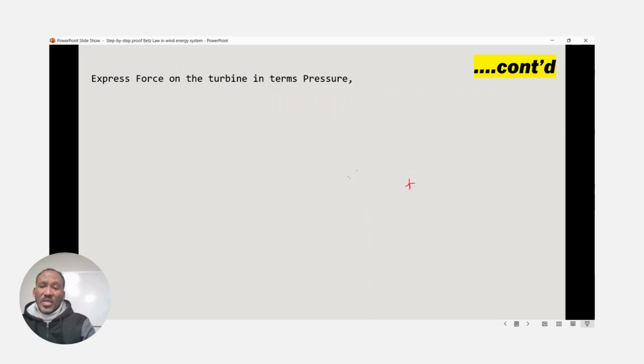Then the next step is to express force on turbine in terms of pressure. As we know, pressure is equal to force over area. So the change in pressure across the turbine, P1 minus P2, is equal to force on turbine over area of turbine. From equation 2, substitute force of turbine here. Then we have density times area of turbine times velocity of turbine times open parentheses velocity of upstream minus velocity of downstream close parentheses.